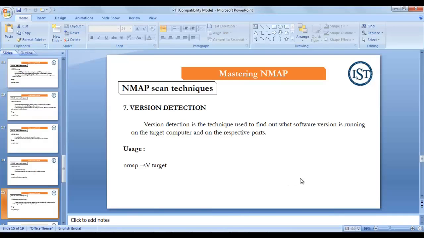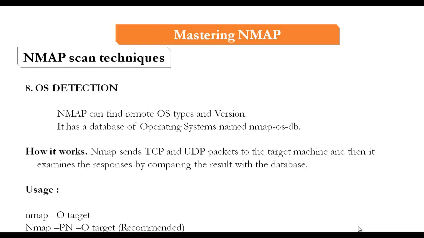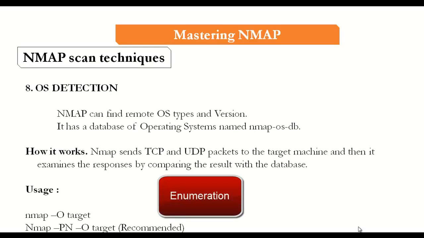Let us quickly go back to the presentation. And the next one is operating system detection. Nmap can find out the remote operating system type and version.